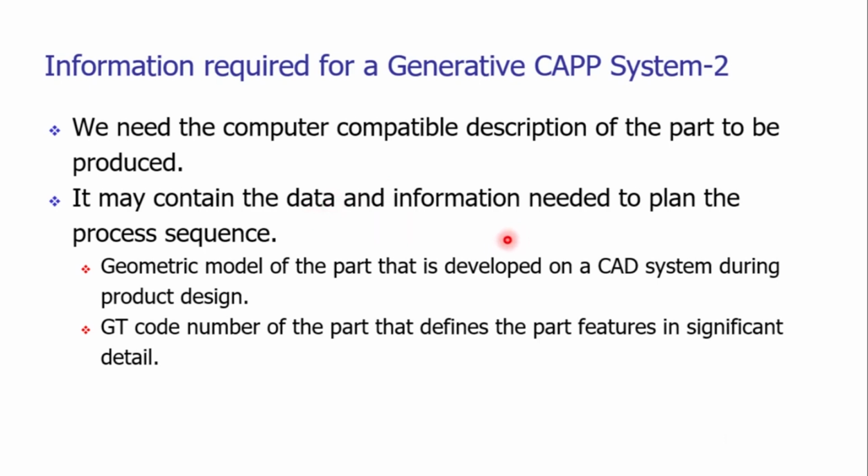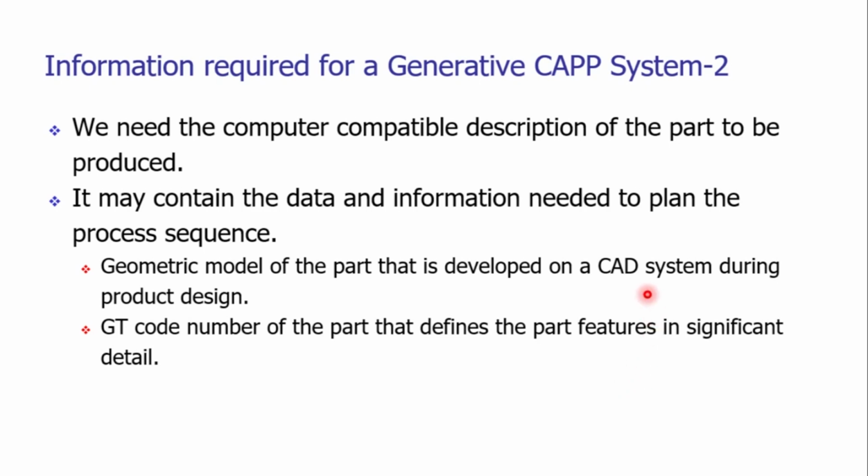The data may be related to the process plan sequencing. The data may be related to the geometric modeling, that is the CAD system, and the feature extraction system. The CAD systems are given to the CAPP system, and the CAPP system extracts the machining features, such as the screw threads that are to be manufactured.